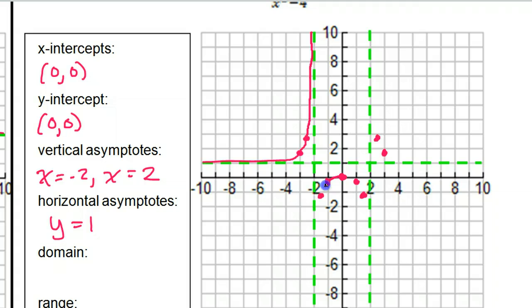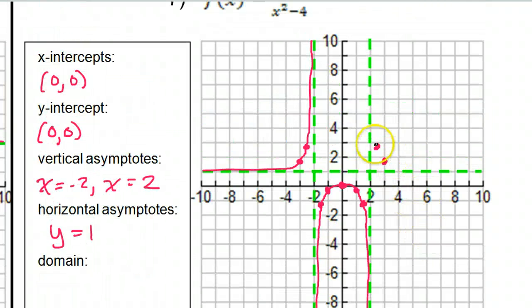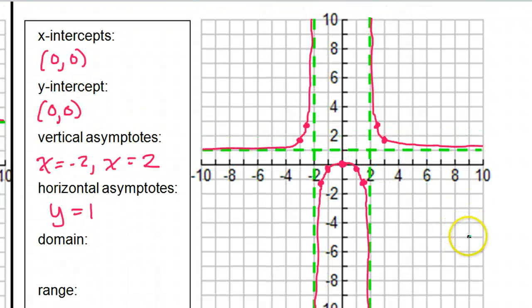Okay, and then here it's doing like this type of a thing. Alright, so your graph should look something very much like this.